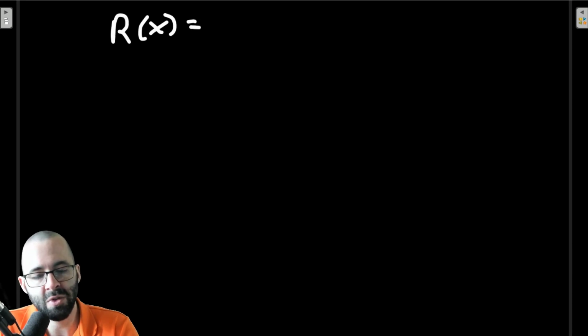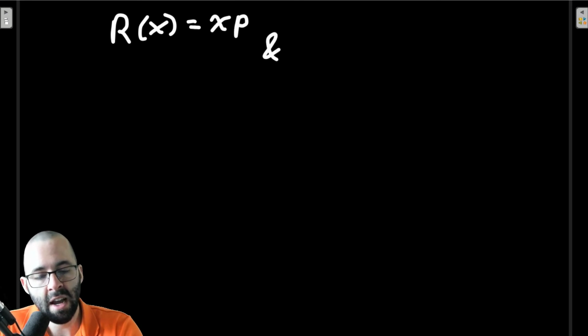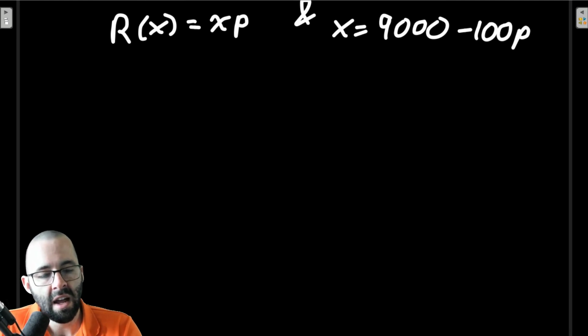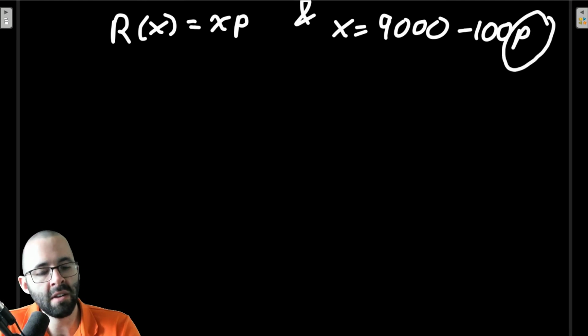Our revenue, which we're trying to maximize, not minimize, Jason, is x times p. And we also know that x was equal to 9,000 minus 100p. Or again, every time we increase the price by $1, 100 fewer people are going to show up.